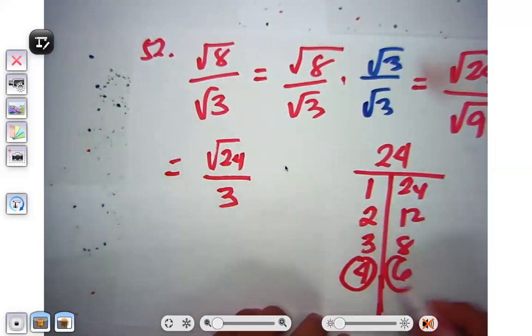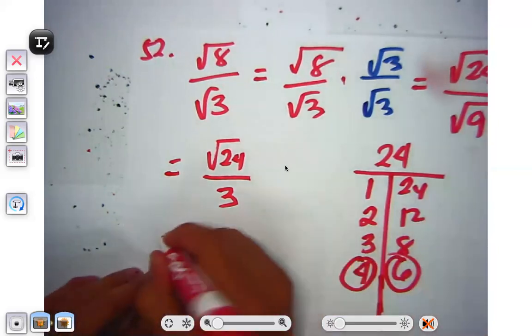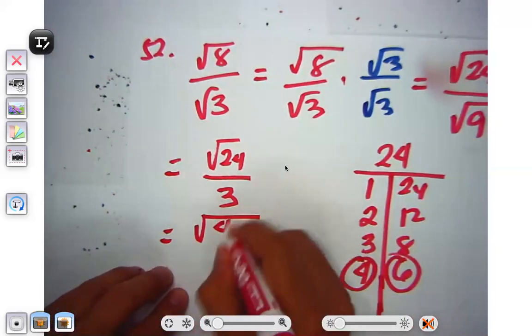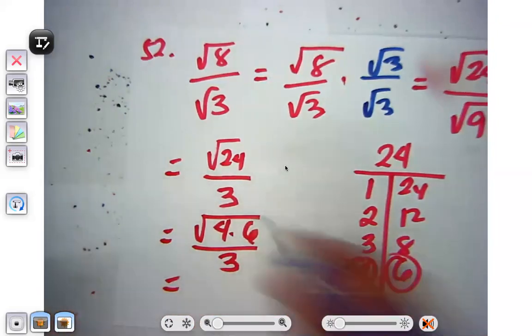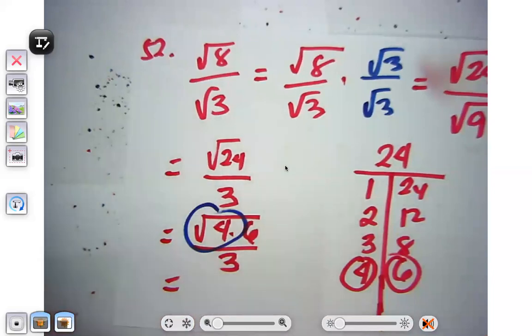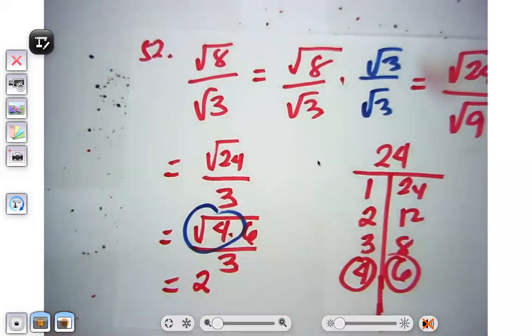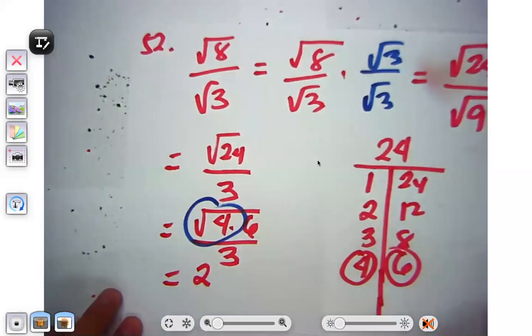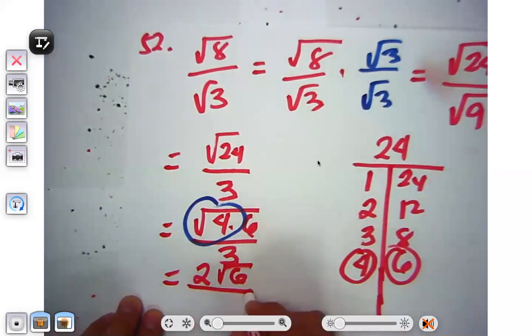So you have to use 4 and 6. All right, so we have the square root of 4 times 6 over 3. Now take the square root of 4. What's the square root of 4? We have 2. All right, so you have 2 square root of 6 over 3.